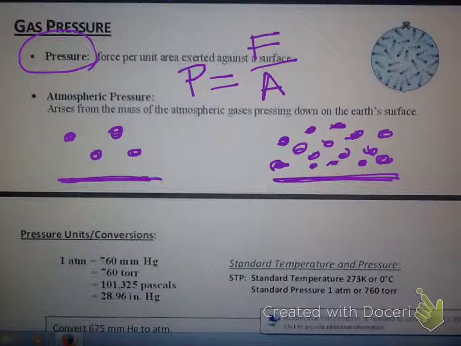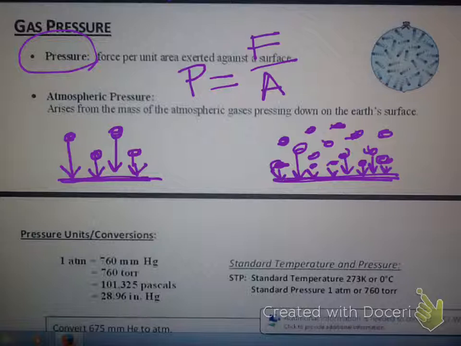So if all of the particles collide with the same force, we can measure the force of the collision here, and we can just call it like 4 newtons or something. We'll just keep it simple. On the right-hand side, in that same unit of area, let's say all of these particles are hitting the wall at the same time.